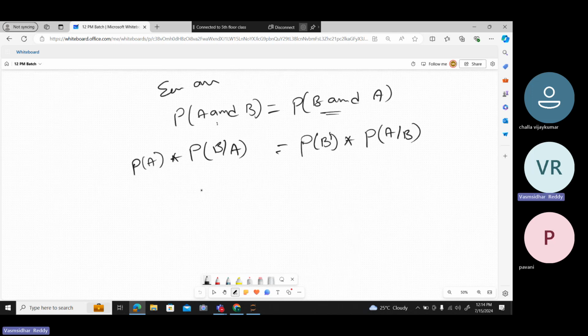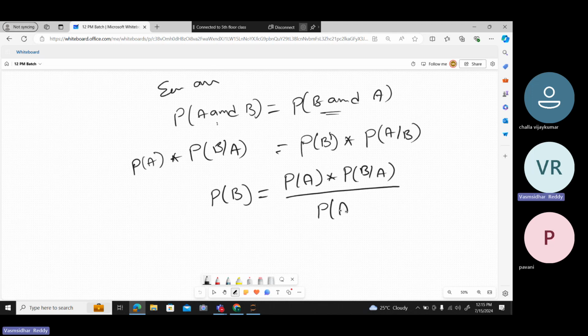Let me write it. P of A by B equals P of A into P of B by A divided by P of B. Simply, I am transposing this to this side.